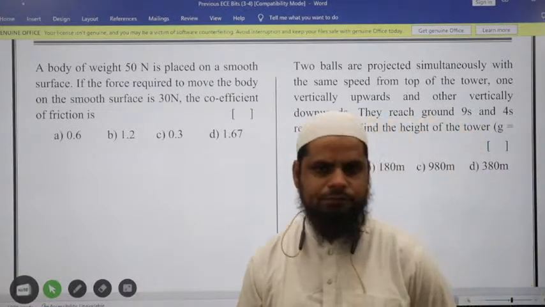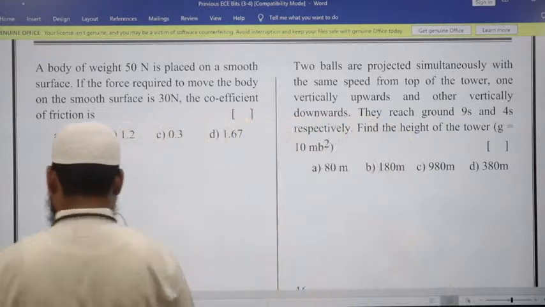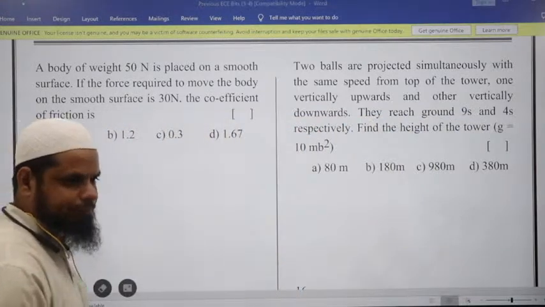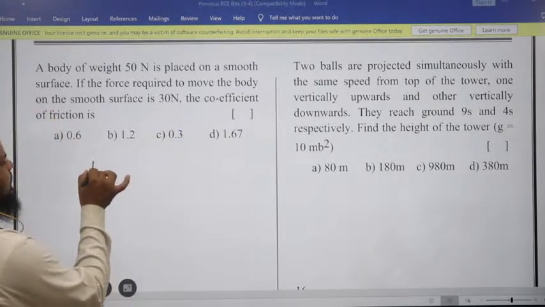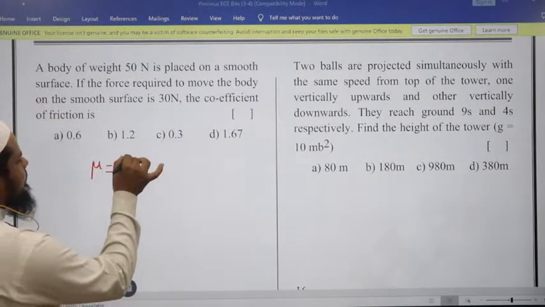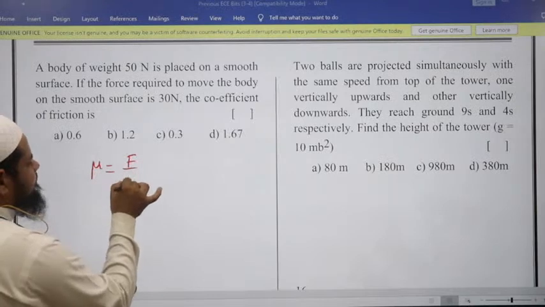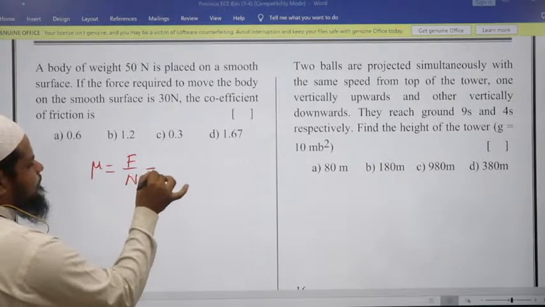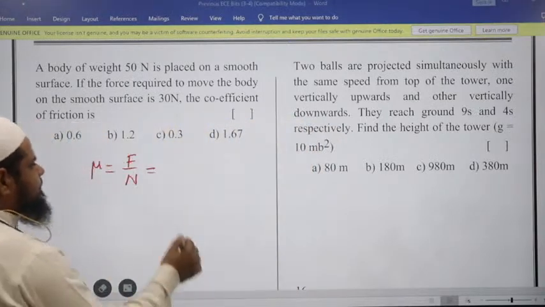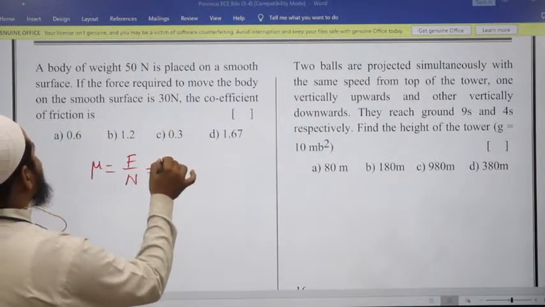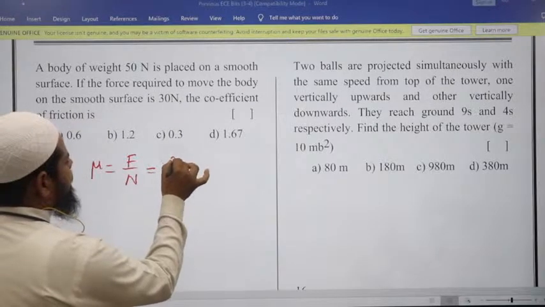This is the concept of friction. What do you need? The coefficient of friction. General formula: mu is equal to F by N. What is F here? 30 newtons.